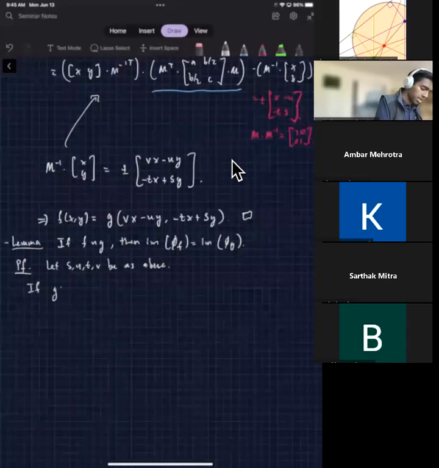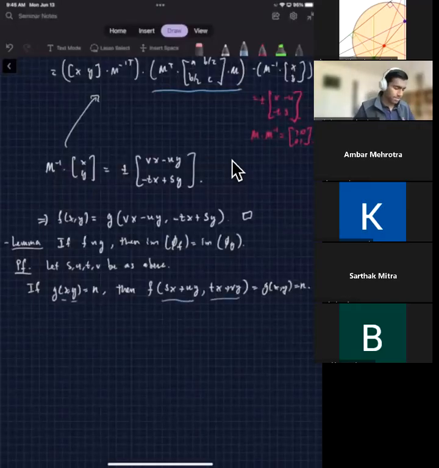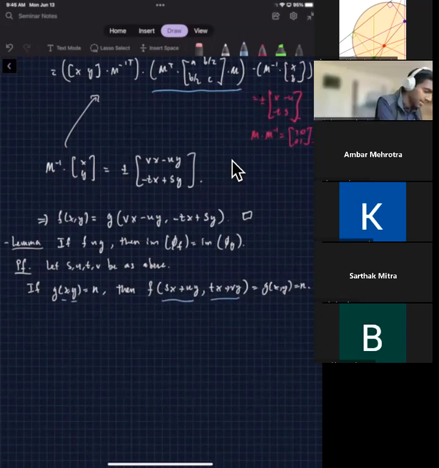If g of x, y is equal to n, so if g represents the number n, then f of (sx plus uy, tx plus vy) is just g of x, y. And so that's also equal to n. So if g represents n using the numbers x and y, then f will represent n using the numbers sx plus uy and tx plus vy. So if g represents n, then f represents n.